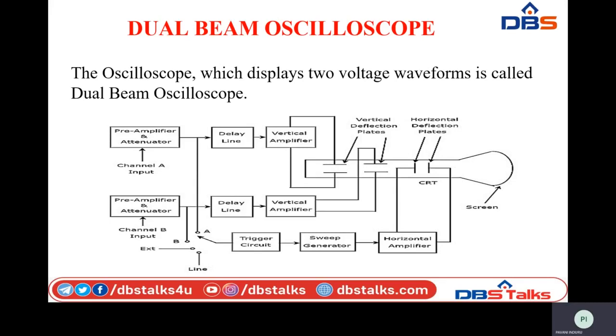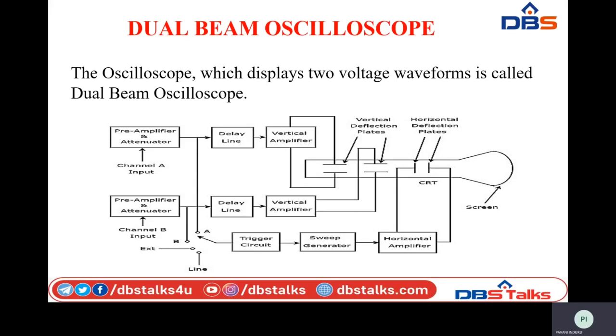Compared to the traditional cathode ray oscilloscope, we have only one section present in the horizontal section, constituted by the trigger circuit, sawtooth waveform generator, and horizontal amplifier. Since time is the same for both channels, we have only one set of horizontal plates in the dual beam oscilloscope.